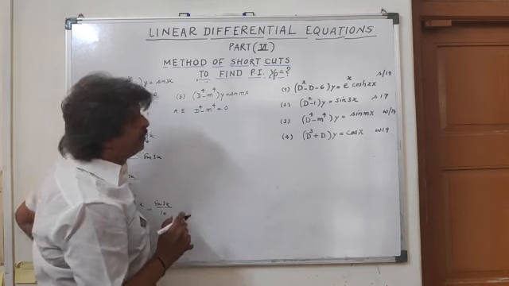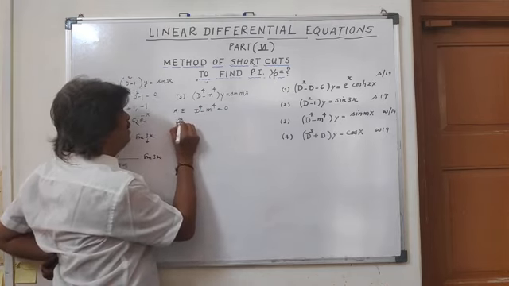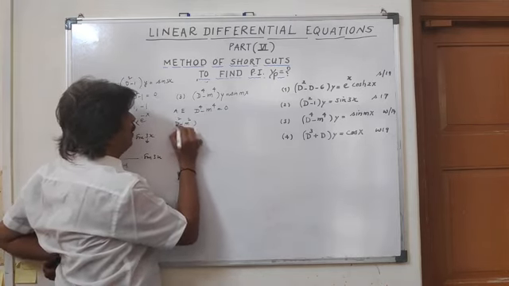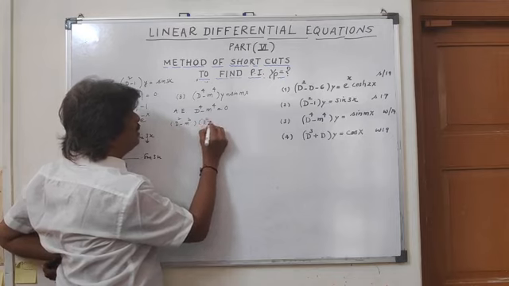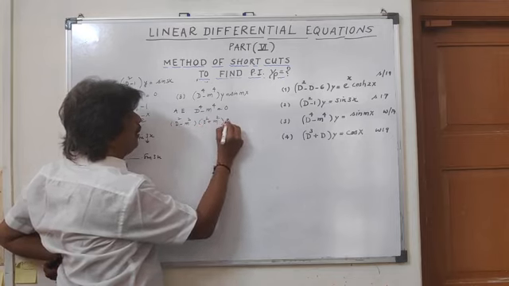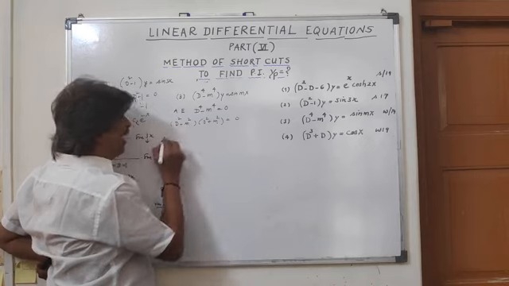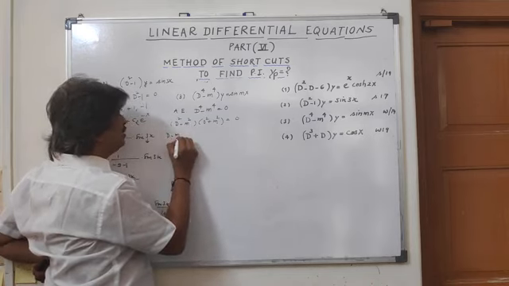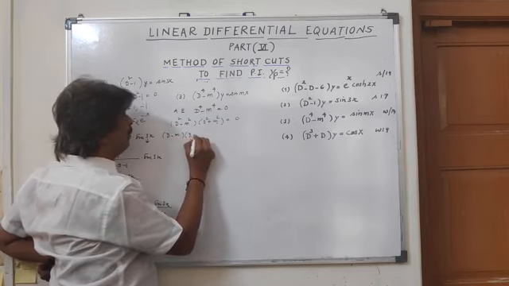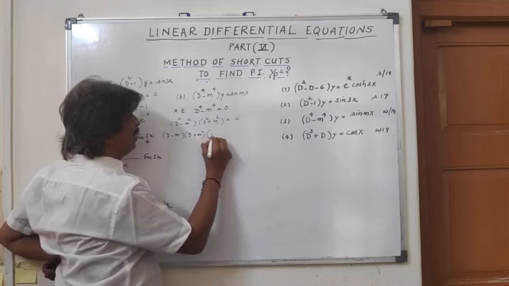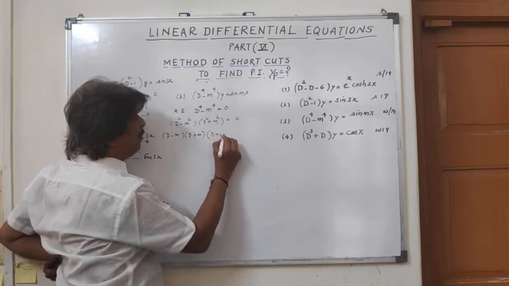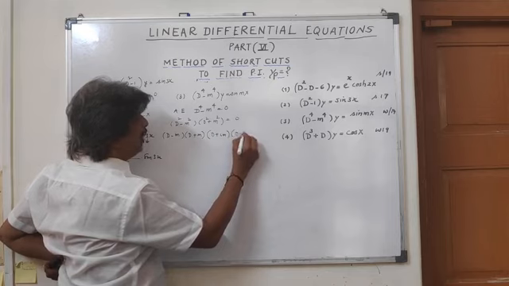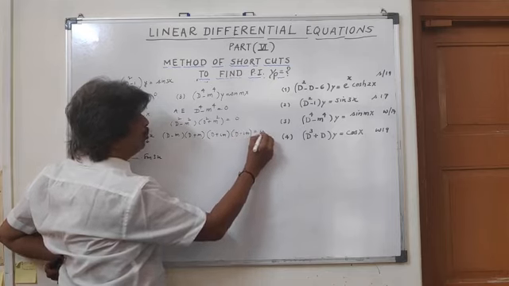The factors are d square minus m square into d square plus m square equal to 0. Again its factors are d minus m into d plus m, d plus im, d minus im equal to 0.